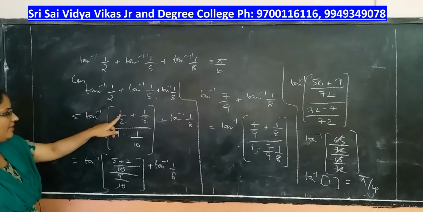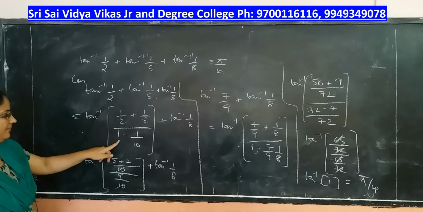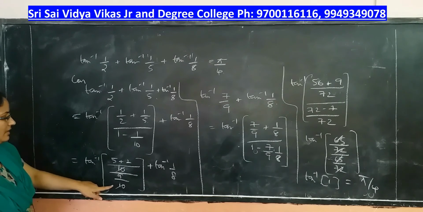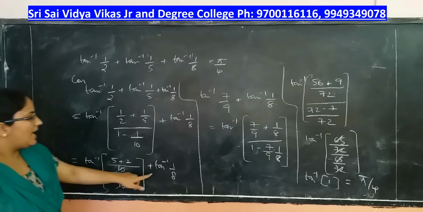So you get 5 and 2: (5 plus 2) by 10, over 10 minus 1 by 10, which is 9 by 10. 10 gets cancelled. You have 7 by 9, plus tan inverse 1 by 8.